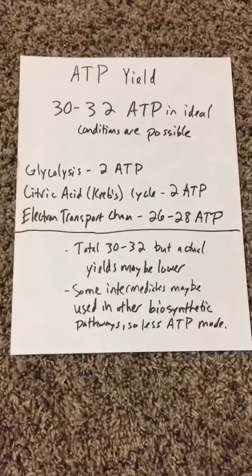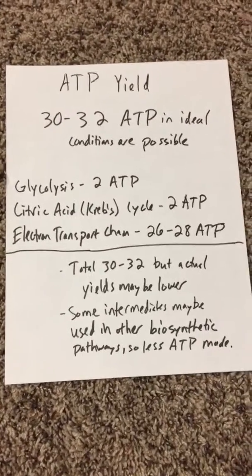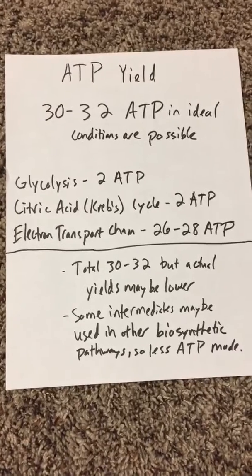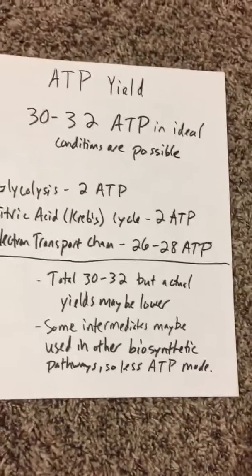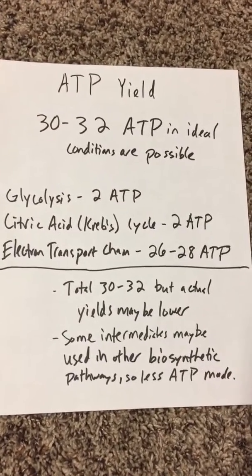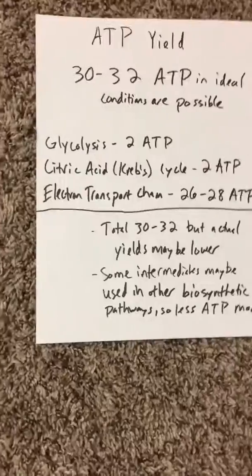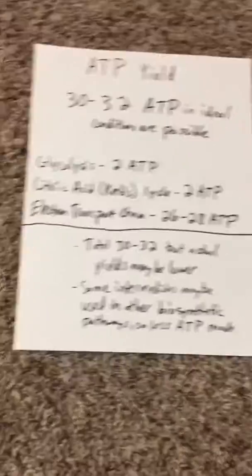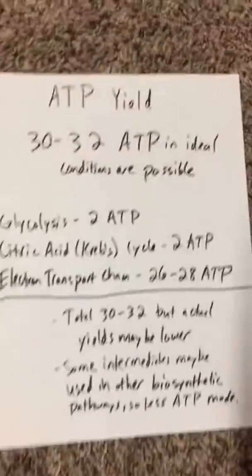You could get 26 to 28 ATP, according to these current estimates for possible ATP production. So actual yields may be lower because some of the intermediates might be used in other biosynthetic pathways, so less ATP is made. This is a high estimate. Actual yields will likely and may be lower.